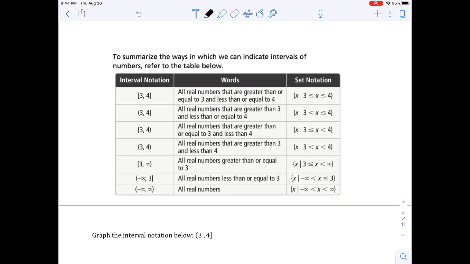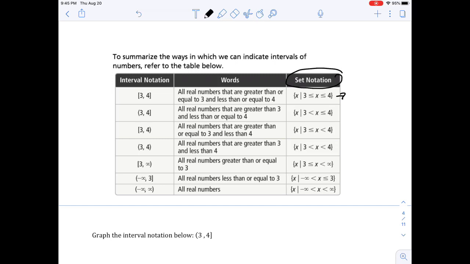And here we now have a nice graph which summarizes all the ways you could express intervals of numbers using inequality notation, interval notation, and then something new called set notation. And set notation is really inequality notation with these fancy brackets on either side and the variable x. Like this one, we would read x such that.